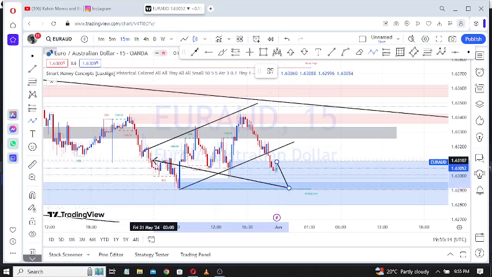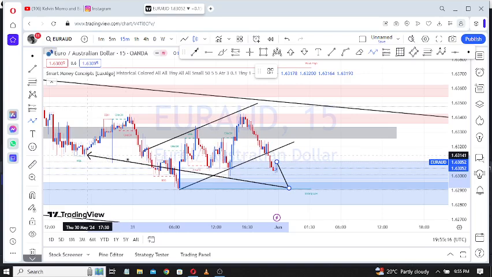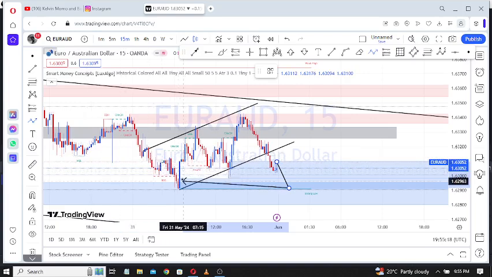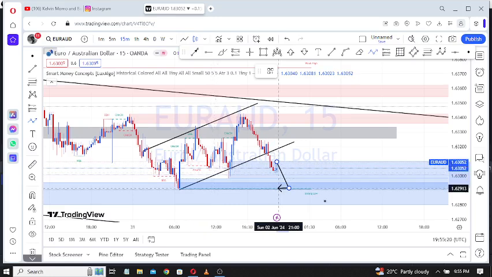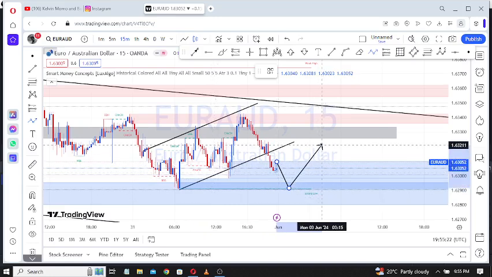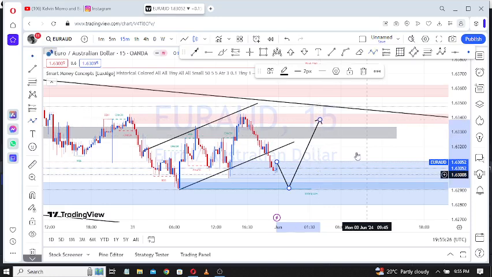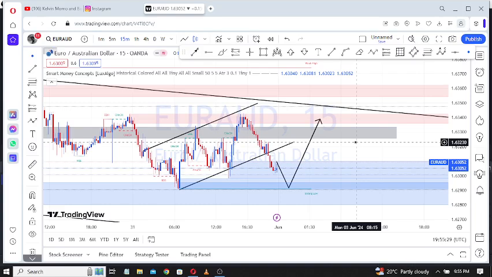As you can see right here, the market broke this low and continued going to the downside, right? So we're at a decision point whether the market is going to respect it and go towards the upside, or not respect it and continue shooting towards the downside.